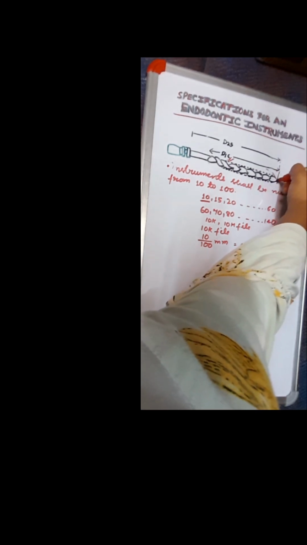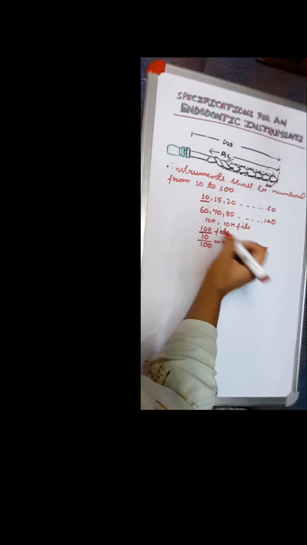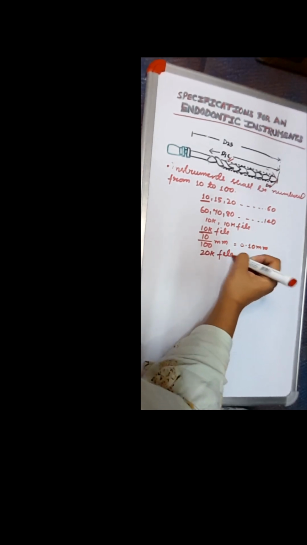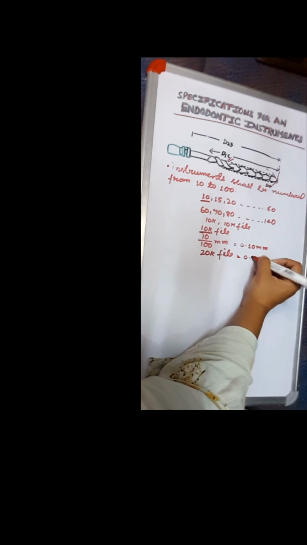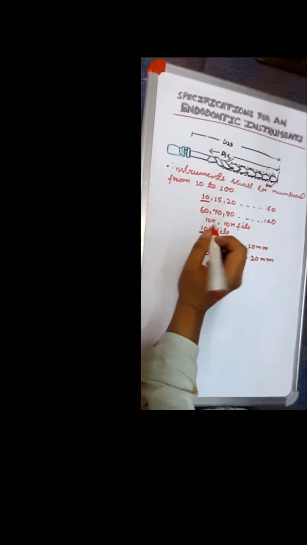The tip diameter of the instrument is D0, and it would be 0.10 for a 10K file, and for a 20K file it would be 0.20 millimeter. That is the D0 or tip diameter of the instruments.